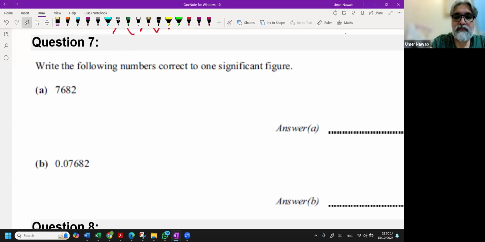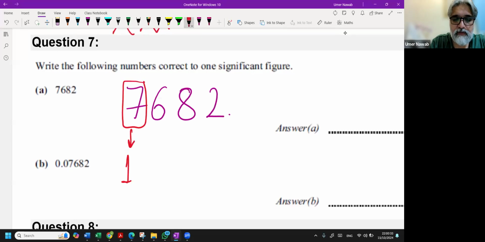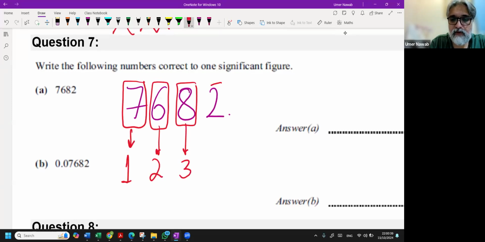Now, 7682. If the decimal is not shown, it is written at the end. I want to write this number to one significant figure. Boys, you know, this 7 is my first significant, 6 is my second significant, 8 is my third significant, and 2 is my fourth significant.